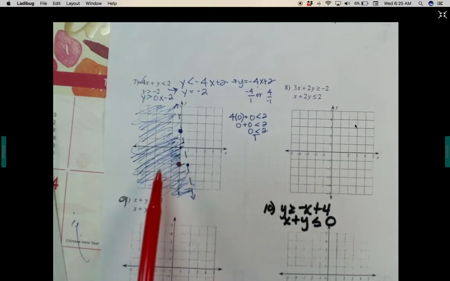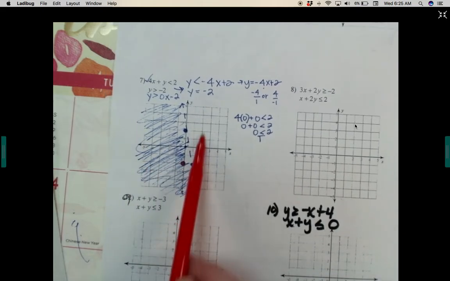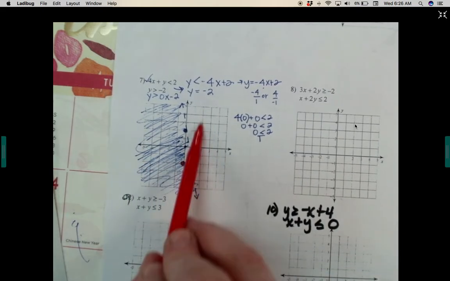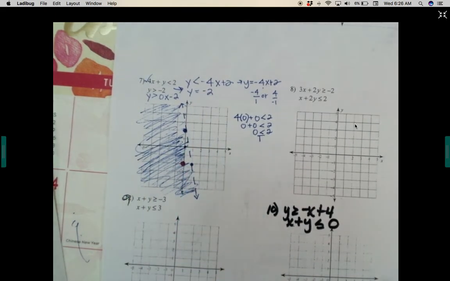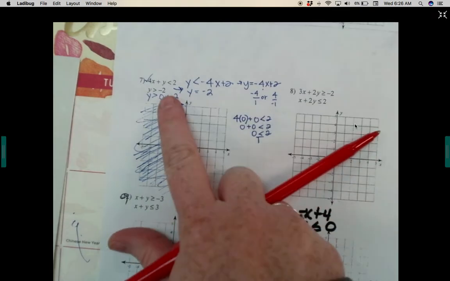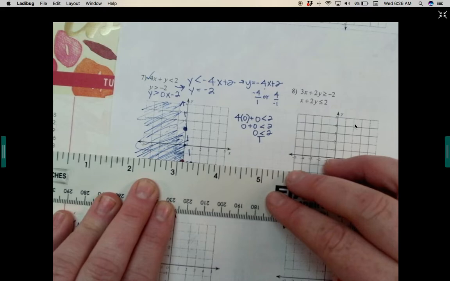Y equals, or y just a constant, are horizontal. X equals are vertical, because they pass through the x-axis. So it is a dotted line, and it is going to go straight through there.